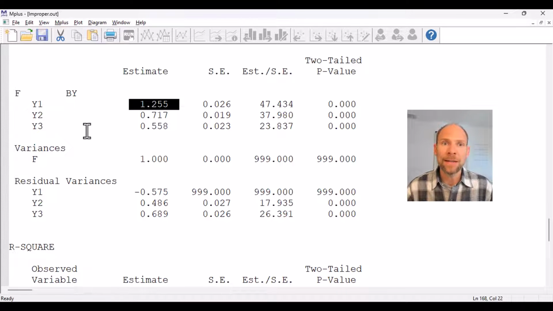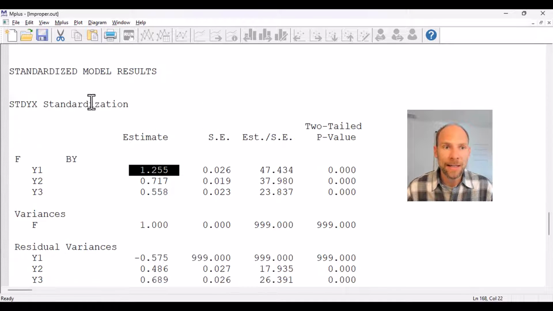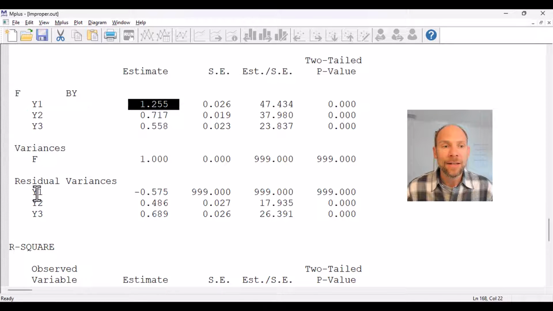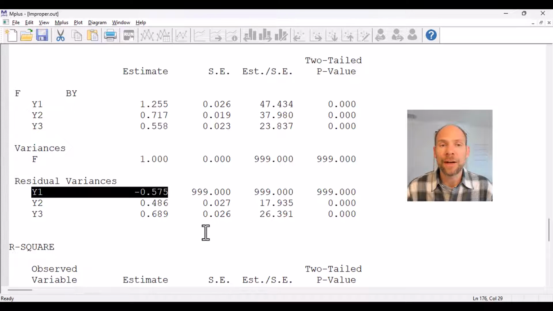Let's take a look at this model in a little bit more detail for a while. So again, we're now in the standardized solution, STDYX, fully standardized, and we can see that there's also a negative residual variance estimate associated with Y1, and that has to be the case.